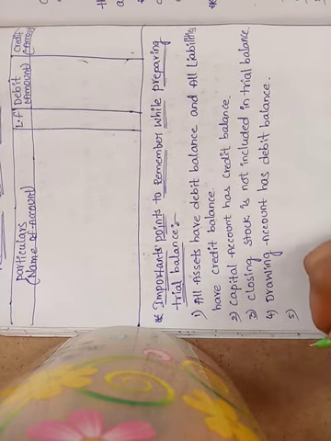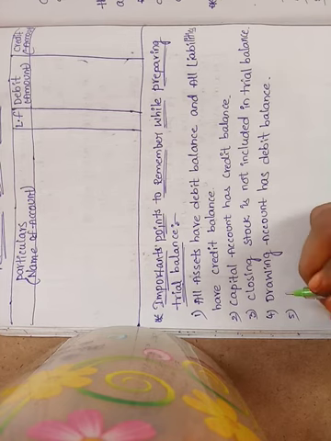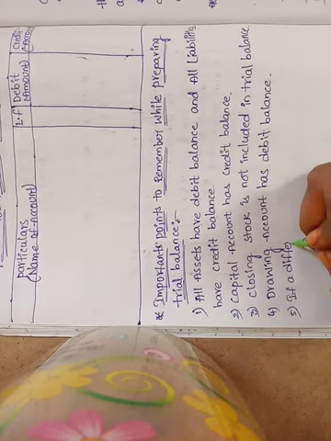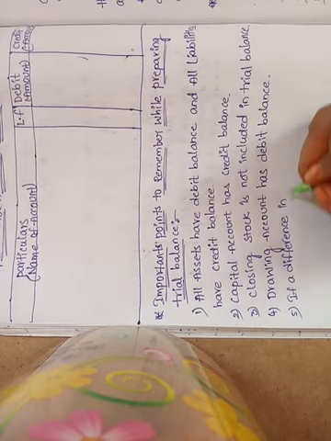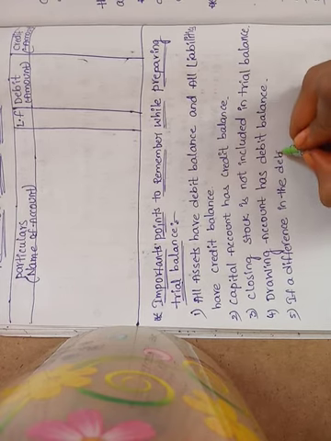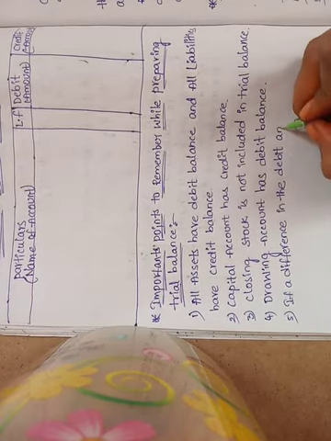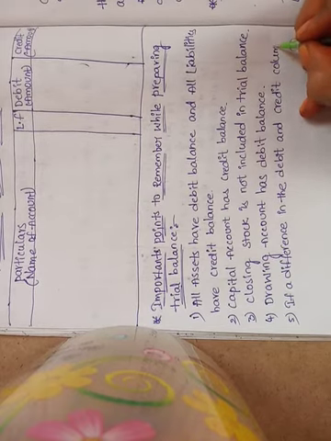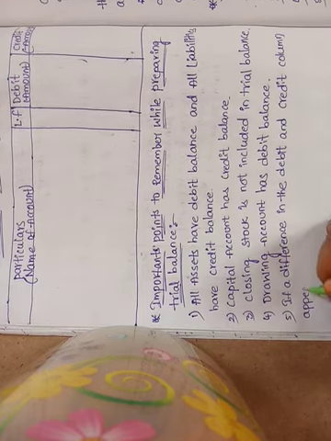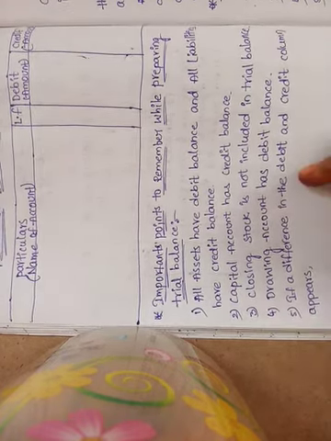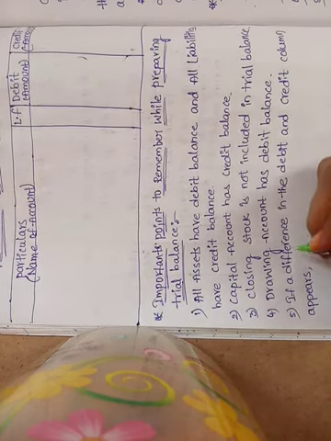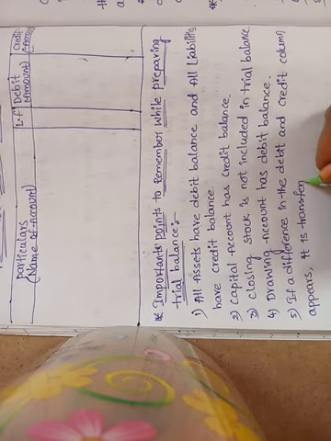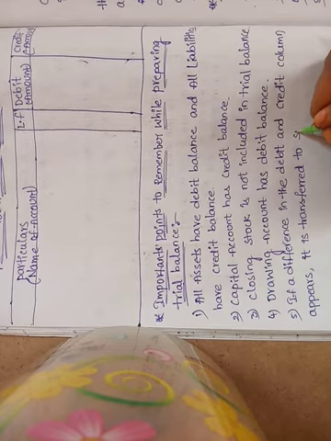Next, very important: if a difference appears in the debit and credit columns, that difference balance will be transferred to suspense account.